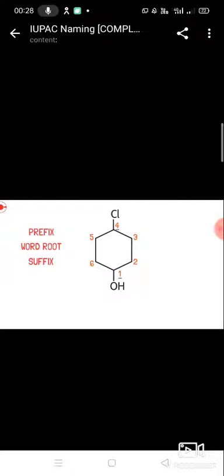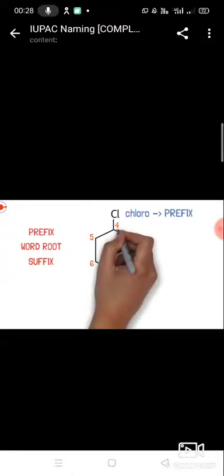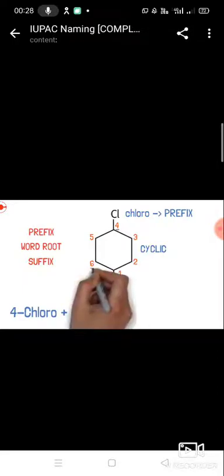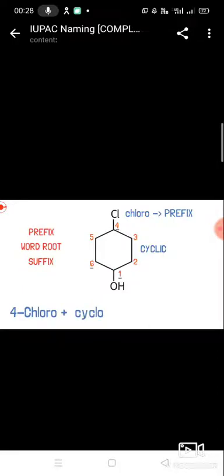So what is the rule? First prefix, next word root, next suffix. What is the prefix? Chloro. Chlorine is in which position? Fourth position. So 4-chloro. What type of compound? This is a cyclic compound, so cyclo. How many carbons? 6 carbon, so hex. Is there any double bond? No double bond, so hexane.